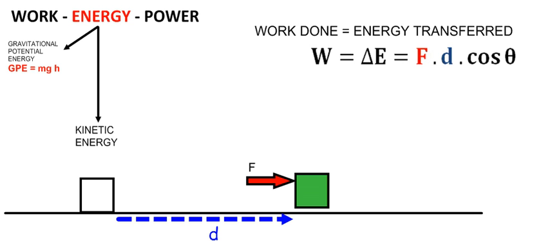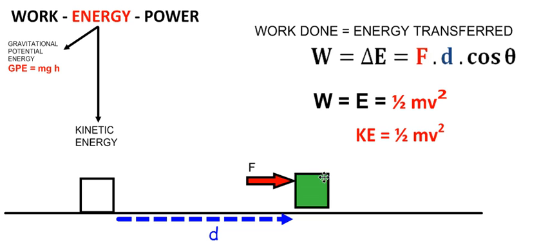As the body is moving, it has energy of motion. We call this energy kinetic energy. It can easily be shown that the work done on the body, which is equal to the amount of energy transferred to it, is given by 1/2 times the mass times the velocity squared.